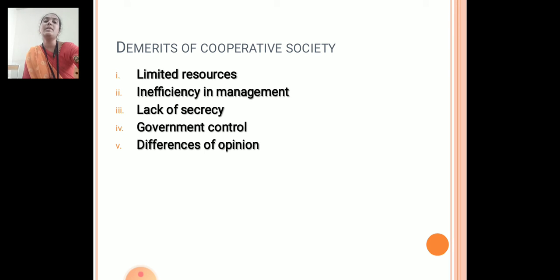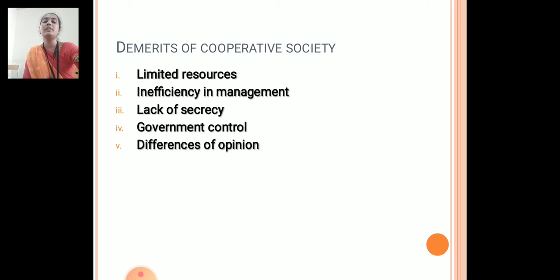Though there is government support, there is also government control. Government support means that the government has control over the cooperative society. In return for the privileges offered by the government, cooperative societies have to comply with several rules and regulations related to the auditing of accounts.